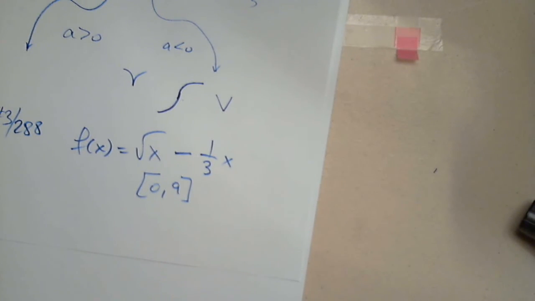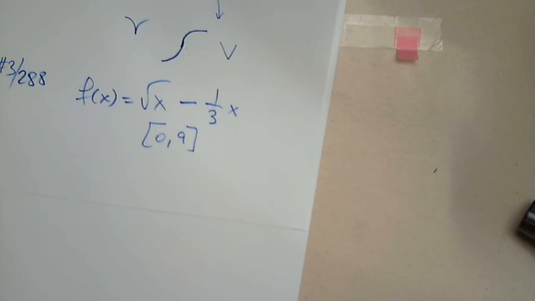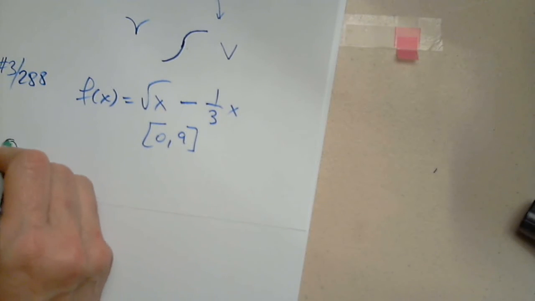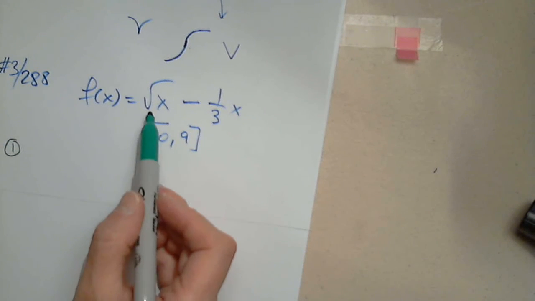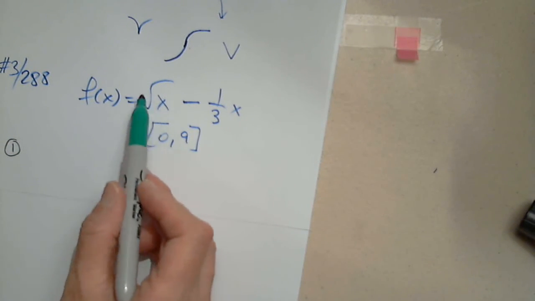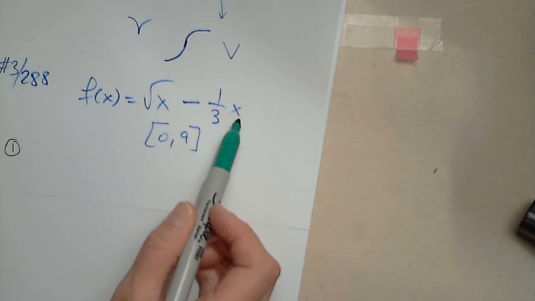Okay, I guess I would start. So first of all, on the interval 0, 9, this is always defined.